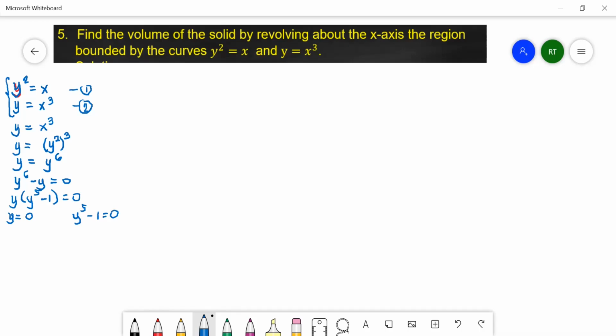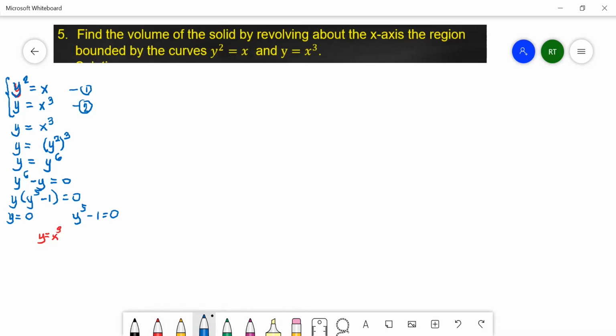Now, if we will use equation number 2, of course, equation number 2 is y is equal to x cubed. So let us use the equation y is equal to x cubed. This is equation number 2.